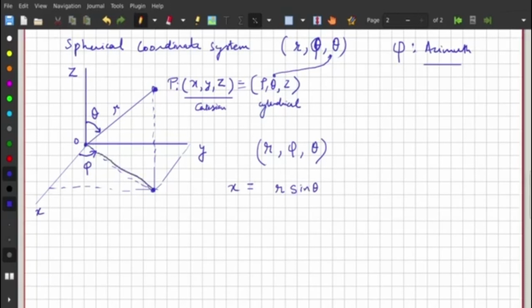This length is r sine theta, and the projection of that on the x-axis is r sine theta cos phi. So that's x. Similarly, y will be r sine theta sine phi, and the z will be r cosine theta.